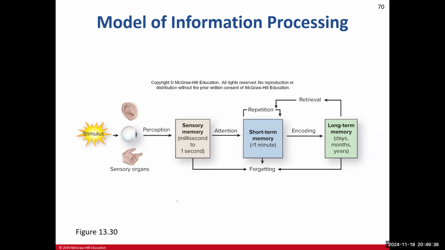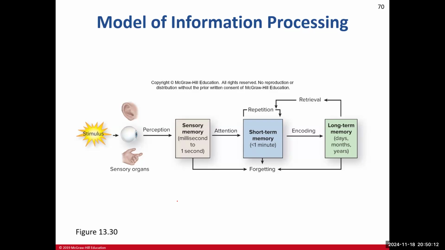It's going to move into short-term memory, and that can be there for minutes to hours. Now, if you keep thinking about it, or if you keep smelling it, it's going to keep going through this repetition period. And if you do it enough times, you're going to engage in encoding, which means you're going to transition that memory from short-term memory into long-term memory. And once it's in long-term memory, it could stay there forever, okay?